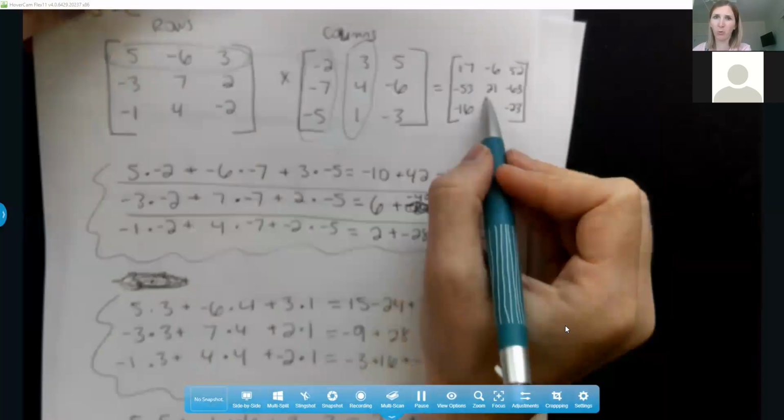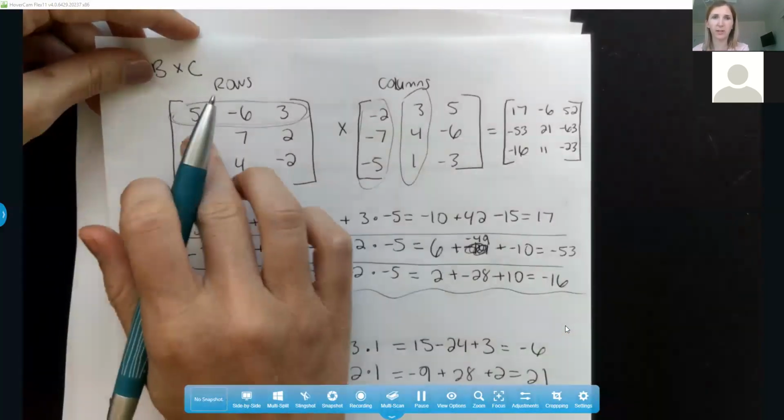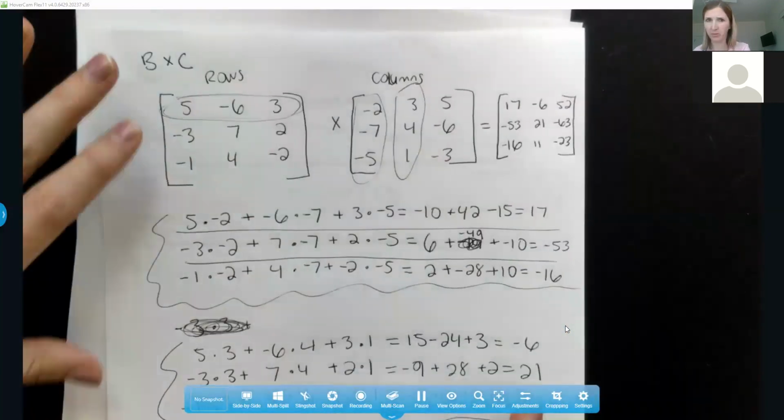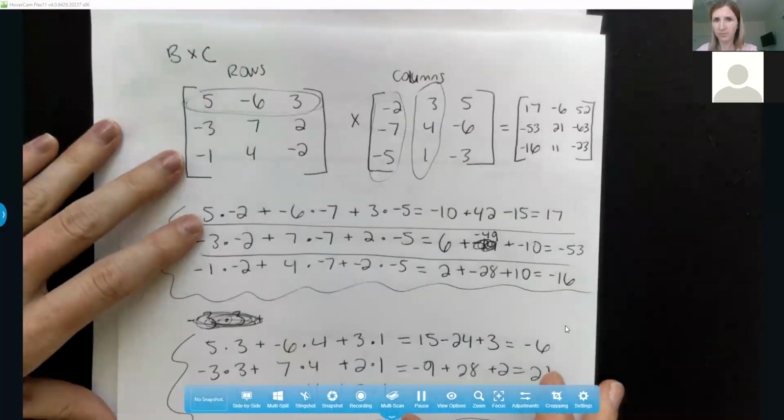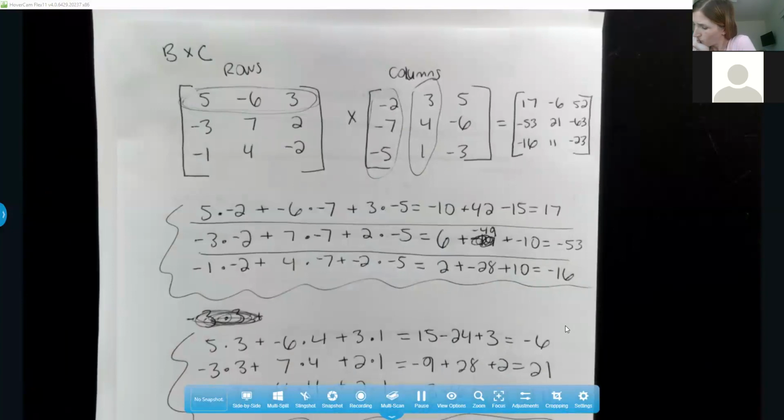All right, so I'm going to make sure that our work here was right, and then you're just going to switch them and do this one first and then the next one. So you're good with how to set it up? Yes. So on the second one, when I get to the third row, I would do. Wait, I'm confused. Okay, so on this one we did rows. B was the row. I switched it, so C would be the rows and B would be the column. You got it. Okay. Right.